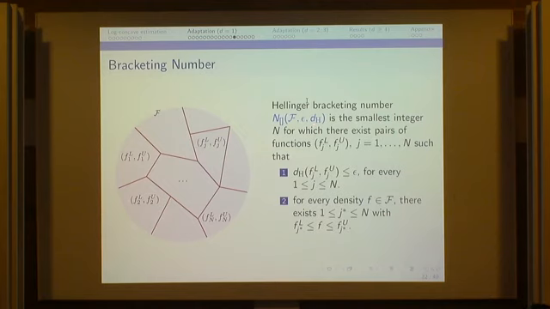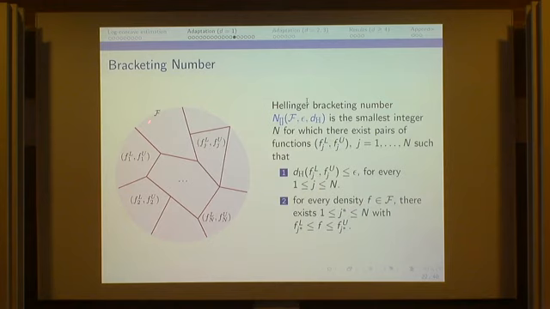The Hellinger bracketing number can also be understood as the number of partitions such that all the functions in here, where curly f is our parameter space to cover, can be represented by one bracketing function, because these functions will be upper bounded by that one and lower bounded by that one, and these two are close enough.